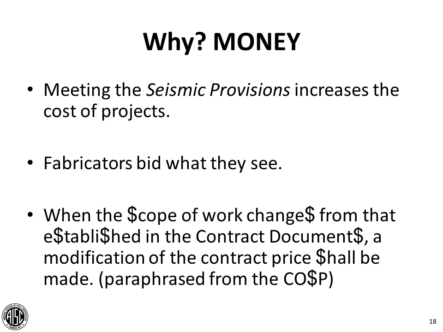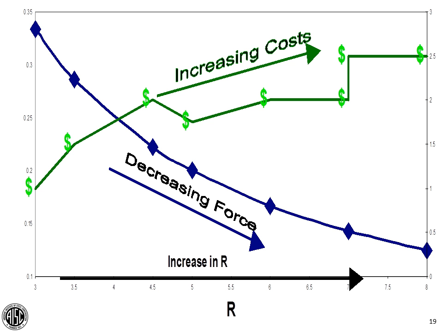So if there's something that's not in the contract documents that's going to be required on the project that gets caught at some later point, may have been overlooked earlier, then that's essentially a change in the scope from what was established in the contract documents. And when that sort of thing happens, you can expect to see some modification in the contract price and potentially some modification in the schedule as well. And again, that's stated in the Code of Standard Practice, so that's a well-established fact that that's the way that's to be handled.